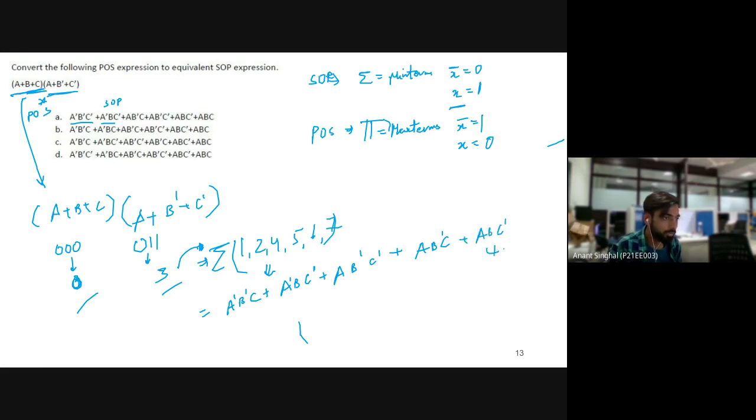And 7 is A, B, C. Now checking the options: A, B bar, C bar is fine, these three are fine, A bar, B, C bar is fine, and this is all fine. Can you tell which is the correct option? Yes, option C is the correct answer.